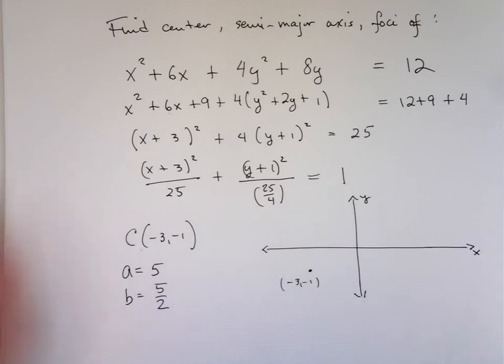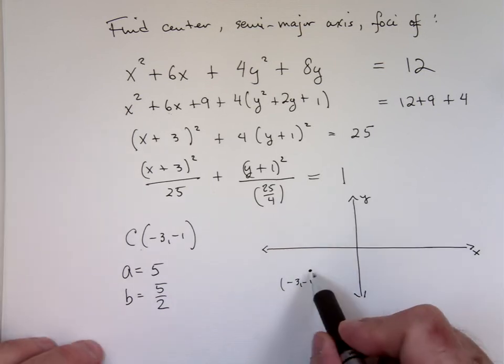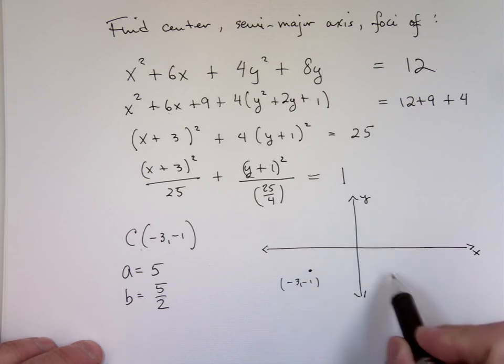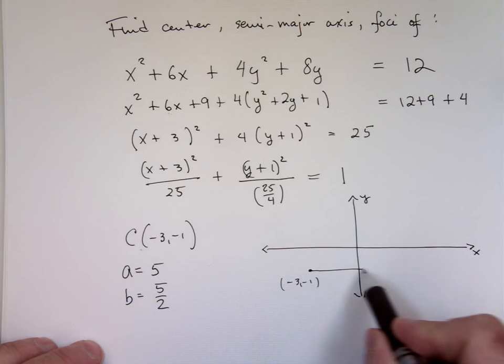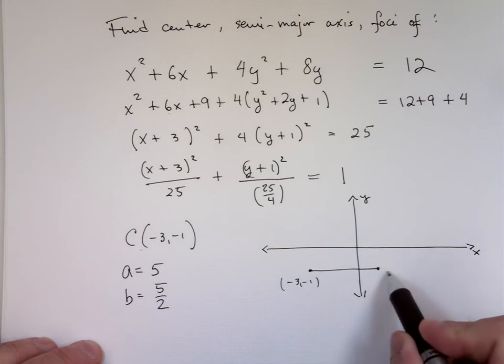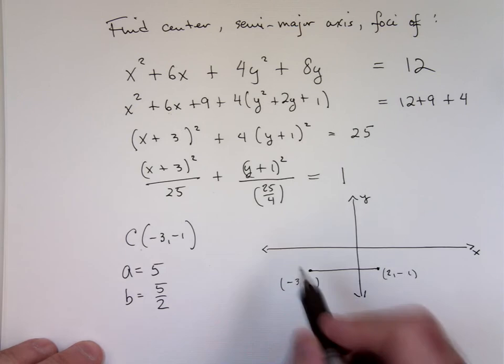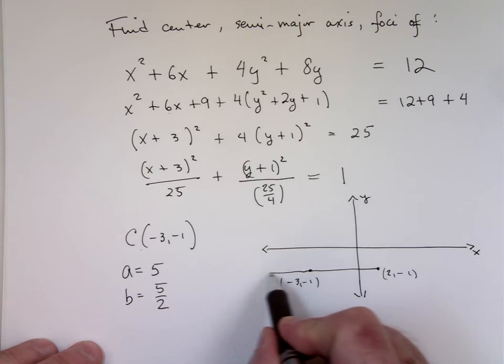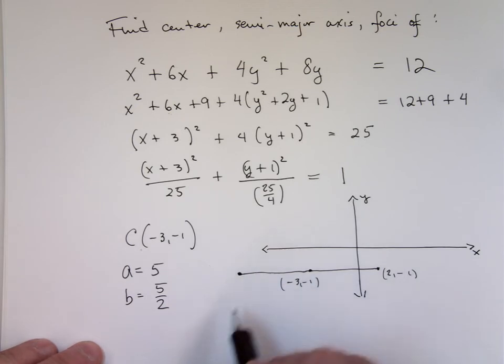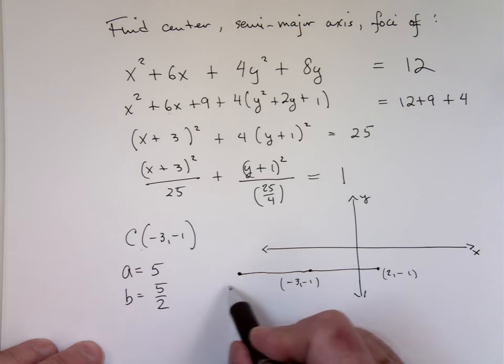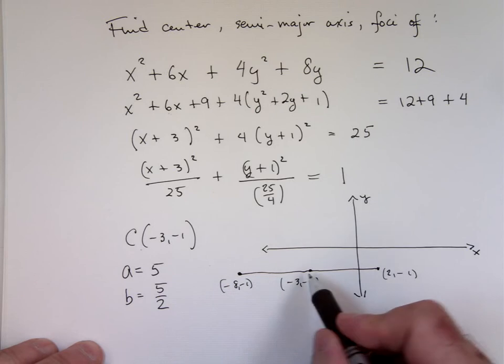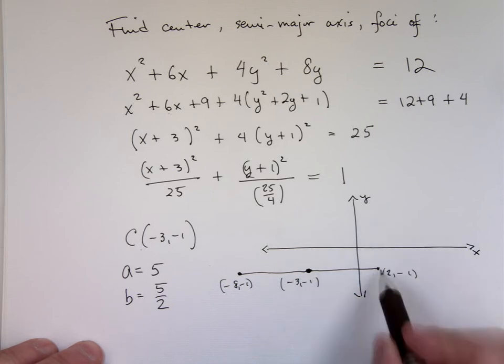Okay, the a gives you the distance from the center to the vertex, it's a semi-major axis, it's 5. So this will go over here. So it's 2, -1. Go 5 in this direction. So we end up with -8, -1. Okay, that gives us a distance of 5 for our semi-major axis.